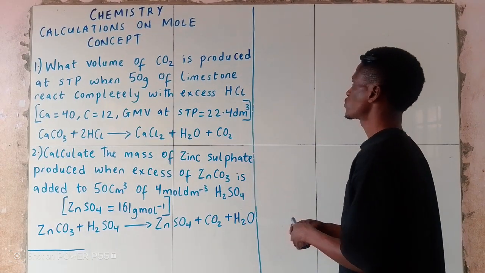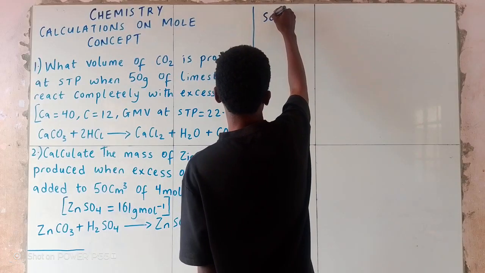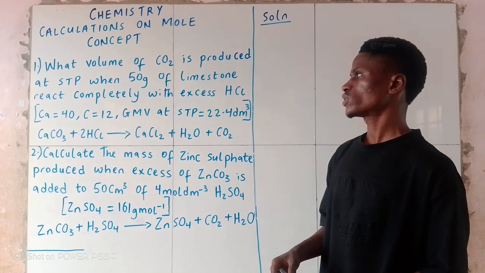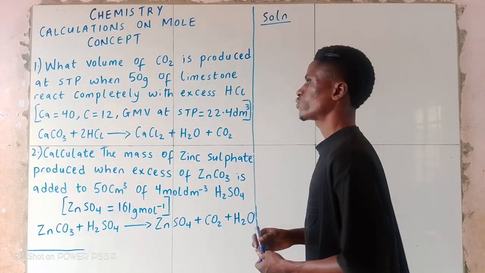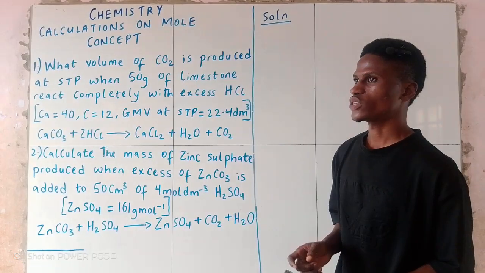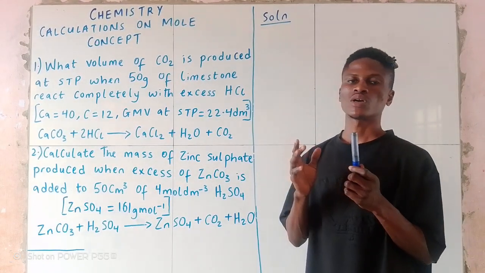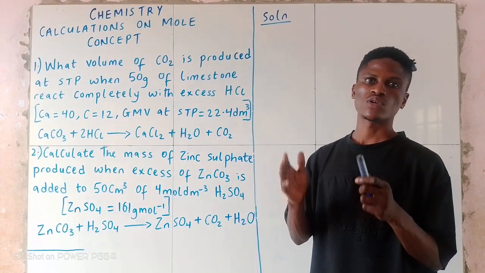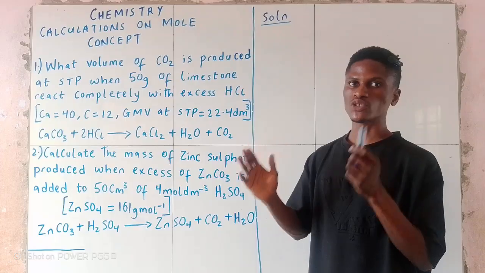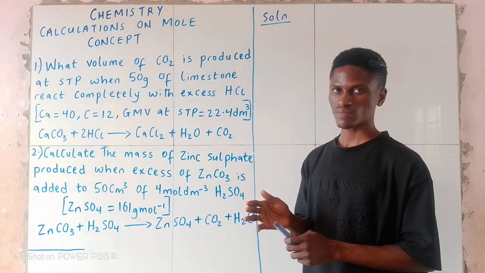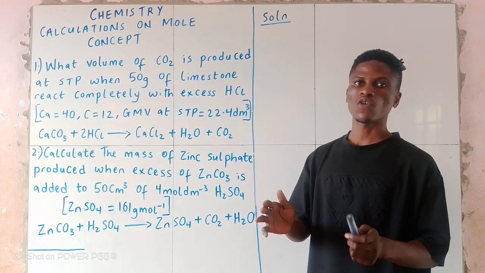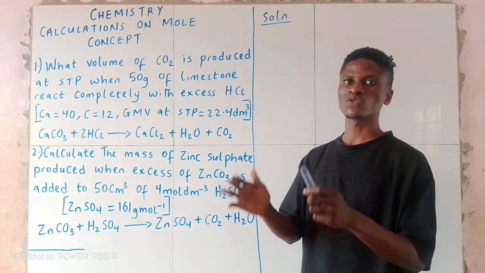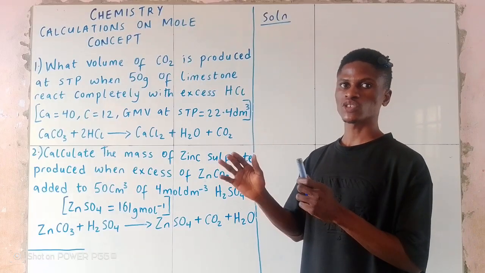Alright, so let's see how we can solve this question. Solution. Now, one thing you take note of is that 1 mole of any gas occupies a volume of 22.4 dm3 at STP, and 1 mole of any gas occupies a volume of 24.0 dm3 at RTP.